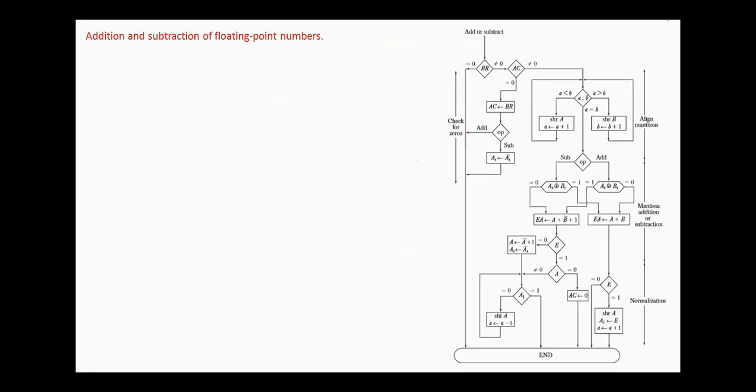Here we have the hardware flowchart for addition and subtraction of floating point numbers. First, if BR is 0, then we are done and the result is in the accumulator.